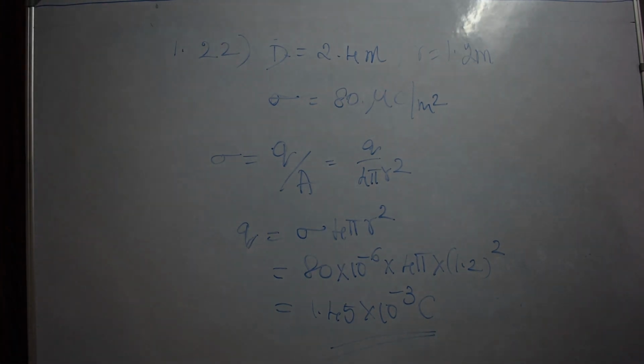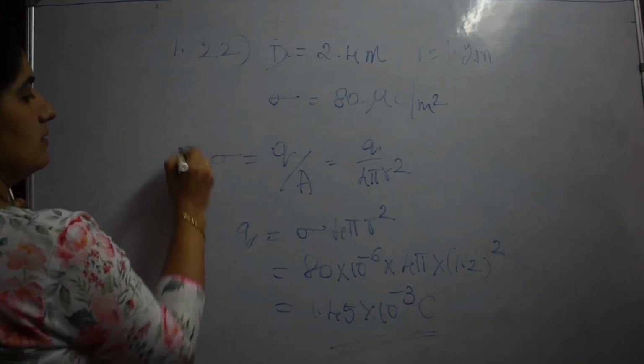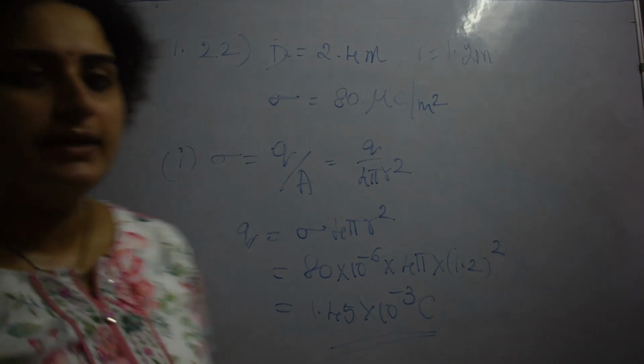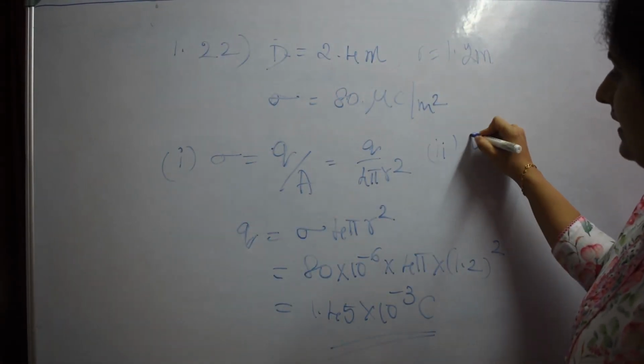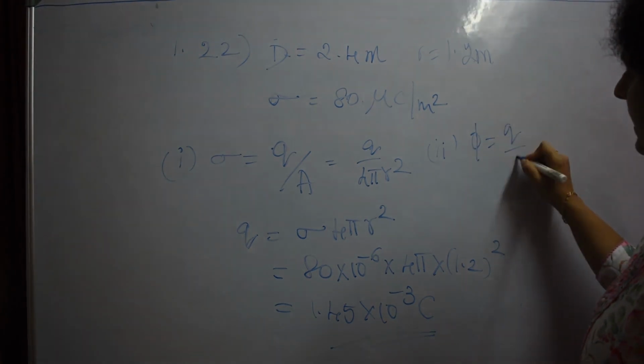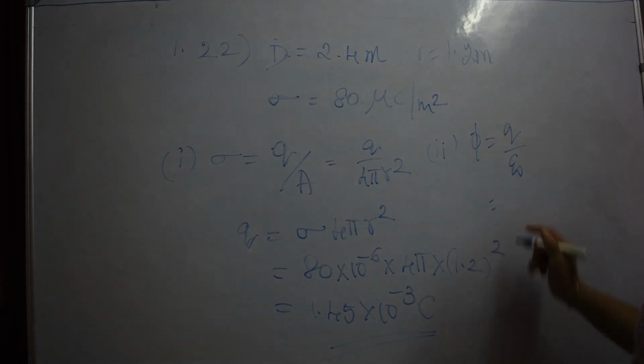Second part, you have to calculate the flux. Again it is simple. Phi is equal to Q by epsilon naught. What is Q? This value of Q you have to substitute.